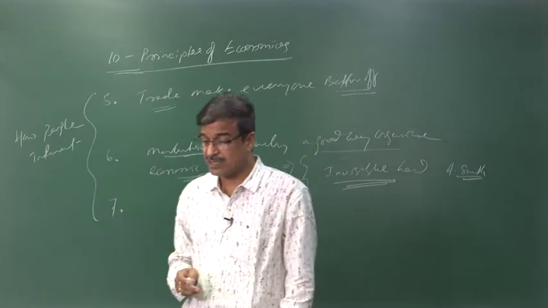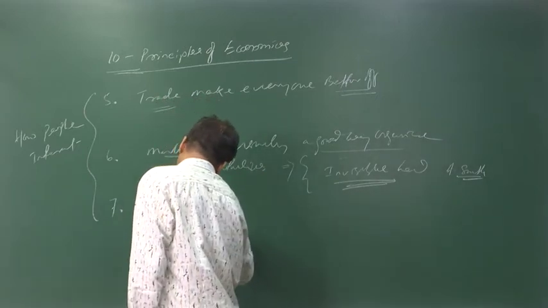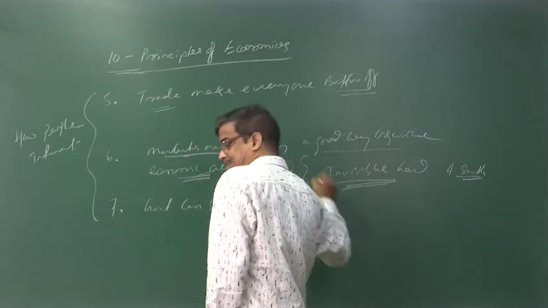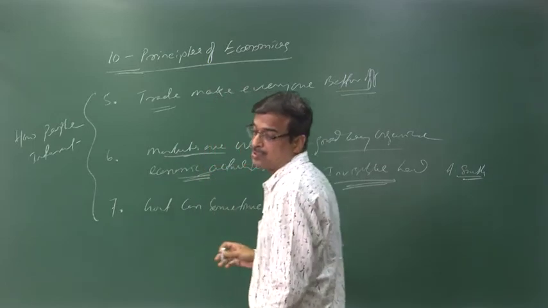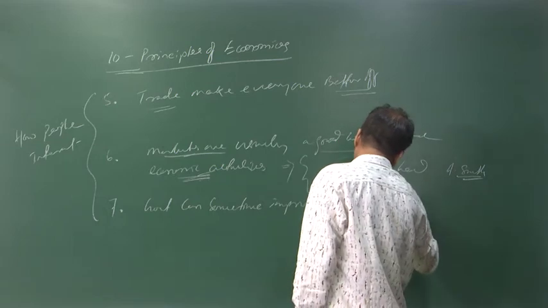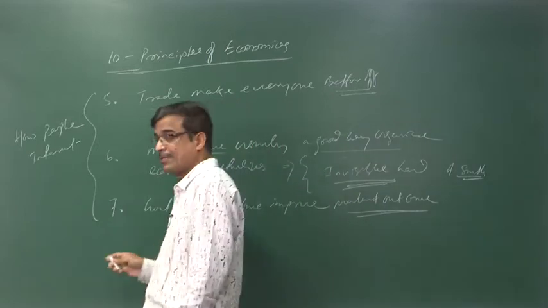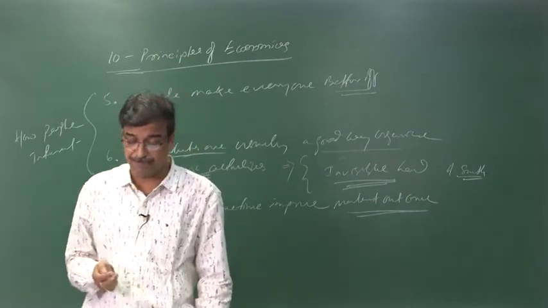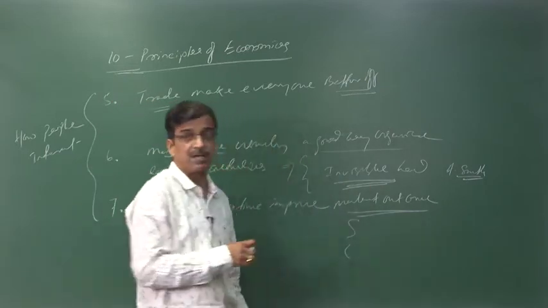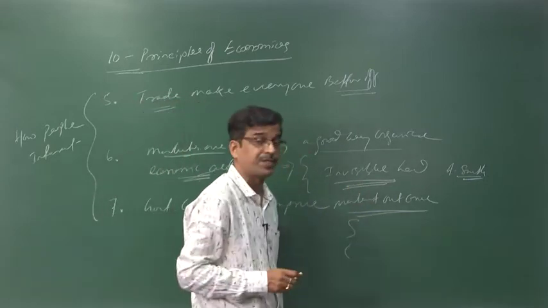In that case, the government can sometimes improve market outcomes. Improving market outcomes consists of two things: property rights, and market failure and externalities.